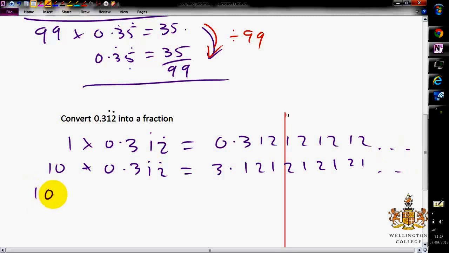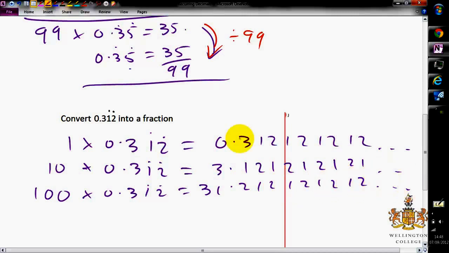And if you times by 100, move the decimal place 3 times. We still haven't got anything matching up. So we have to keep going. None of these match up after the first decimal. So we're going to have to go all the way to 1,000. Let's hope that this gets something that matches up. Otherwise, we could be here all day.